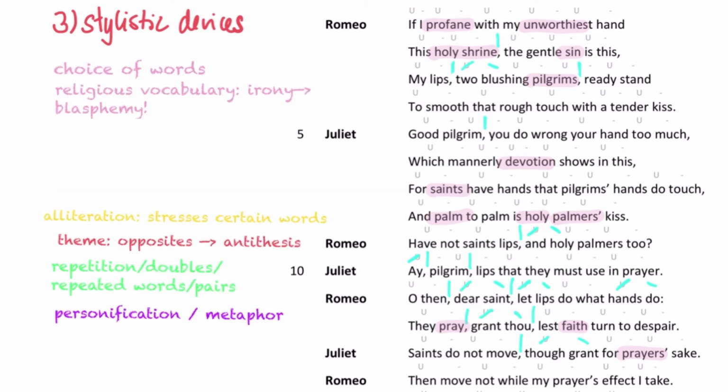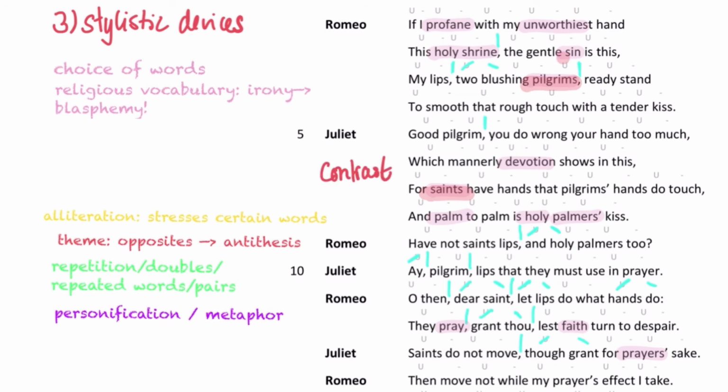The next thing that sticks out are the words that are opposites, so antithesis. Romeo talks of himself as a pilgrim, whereas Juliet is called a saint. So these are opposite ideas.